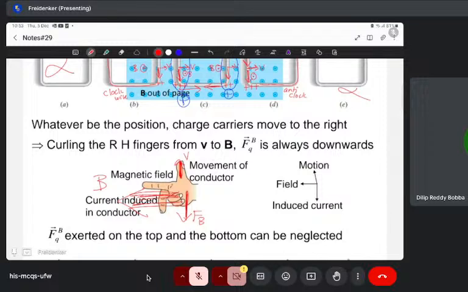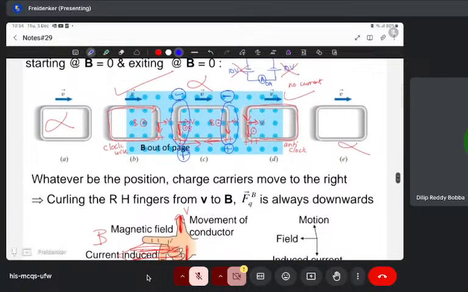It's the same thing. Here, the direction of the force experienced by a positive charge will give you the direction of the current, because current is considered to be the flow of positive charges.